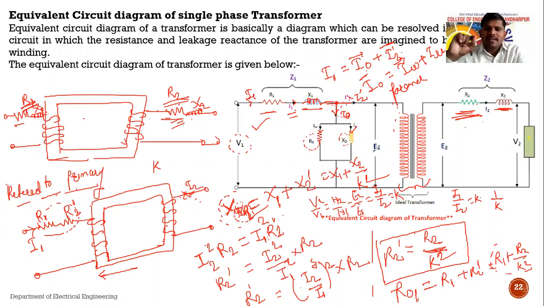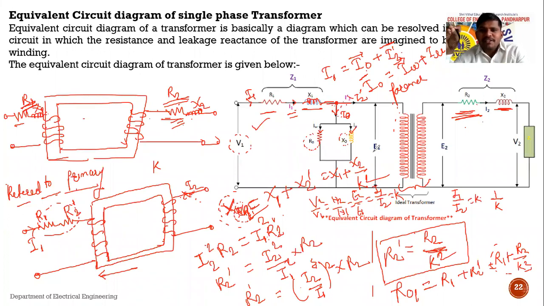In the problem there will be only one phrase: calculate the equivalent resistance referred to primary side, calculate the equivalent reactance referred to primary side. The question may be like that. So referred to primary is nothing but the secondary value transferred into the primary side, or referred to one side.